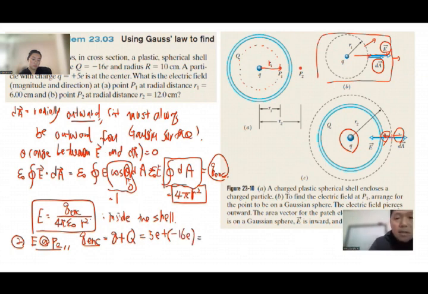From that, the total charge inside of this spherical shell is minus 11e.